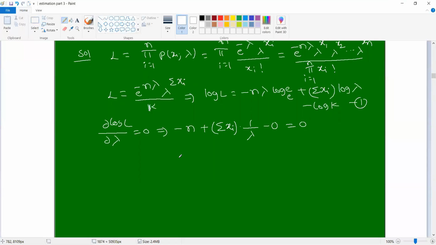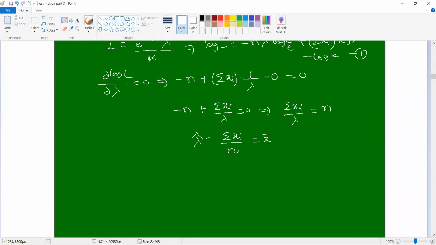Now, minus n plus summation xi by lambda is equal to 0 implies summation xi by lambda is equal to n. So lambda cap is equal to summation xi by n, that is equal to x bar.